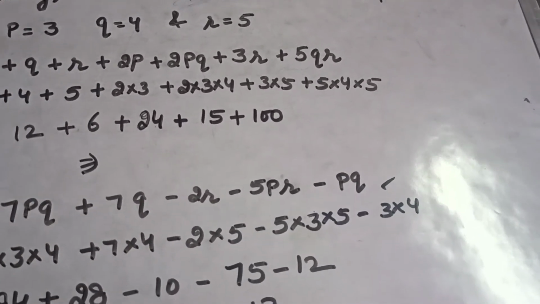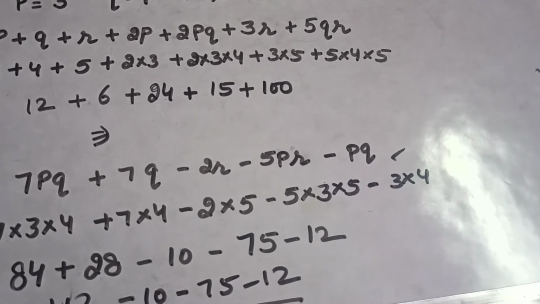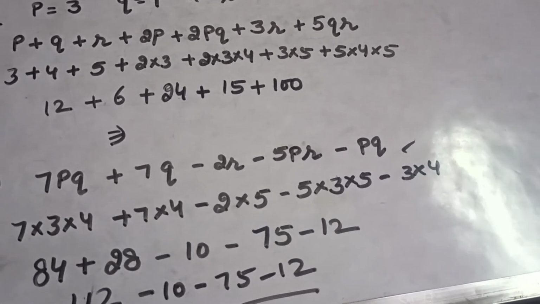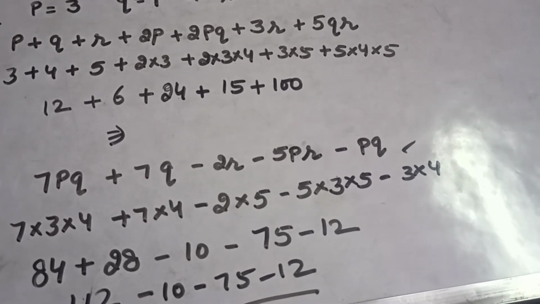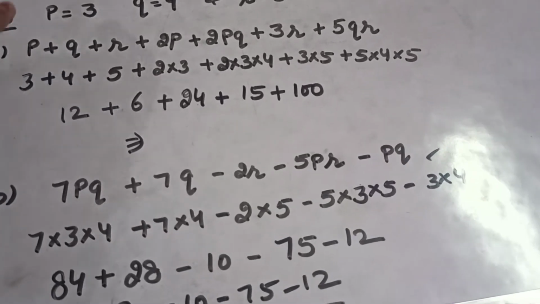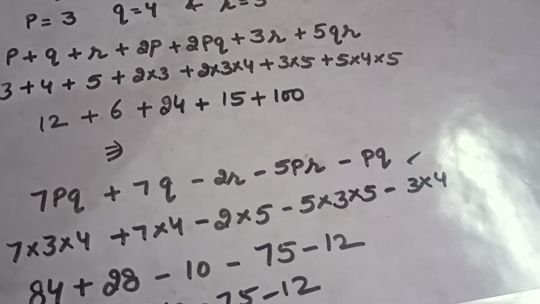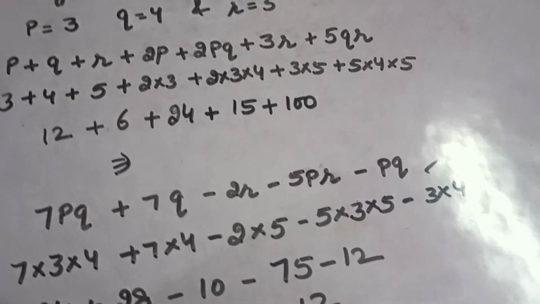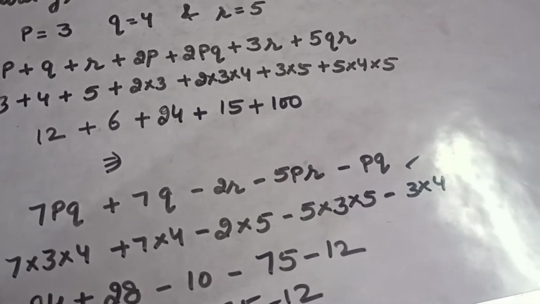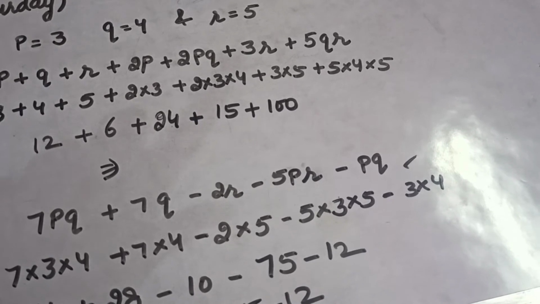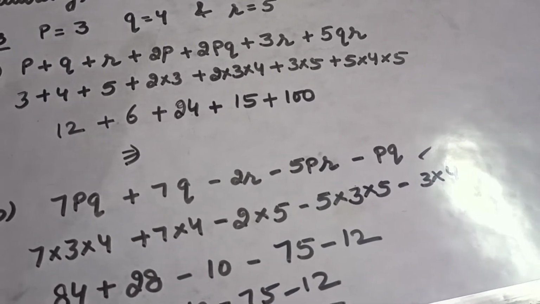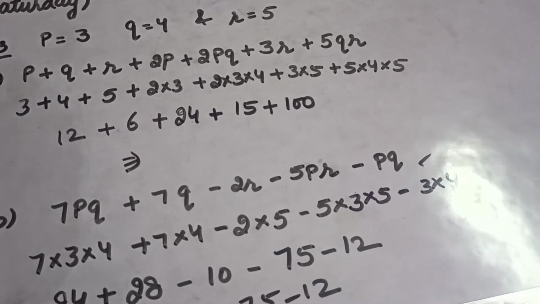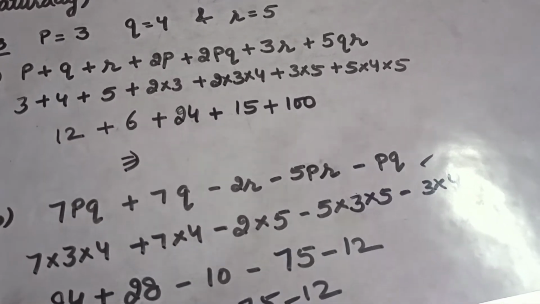Don't put the value of P in place of Q, and not the value of Q in place of R. When you put the values, just remember that the value of P is 3, value of Q is 4 and R is 5. If you change the value, then the value of the expression also gets changed. Clear my points to all?